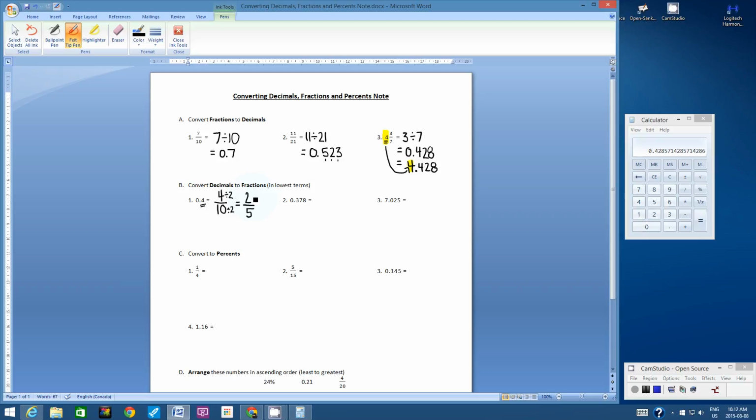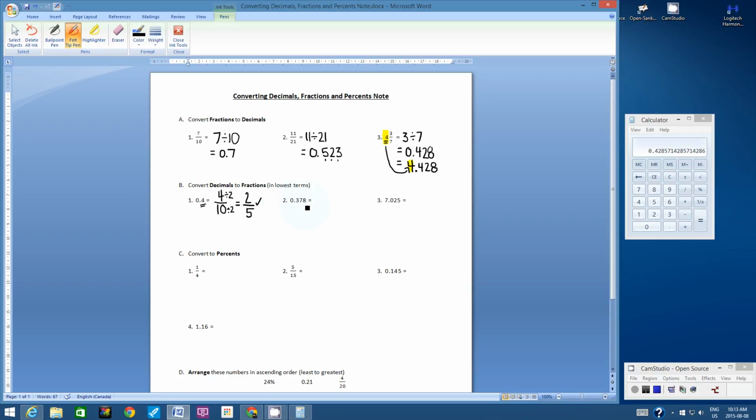Is there a number that can divide evenly into both the top, the numerator, and the denominator? Well, no, the only number that can divide into the numerator is 2, and 2 cannot divide into the denominator. So we have our fraction in its lowest terms, 2 fifths. 0.4 is actually 2 fifths. Okay, let's go on to number 2.